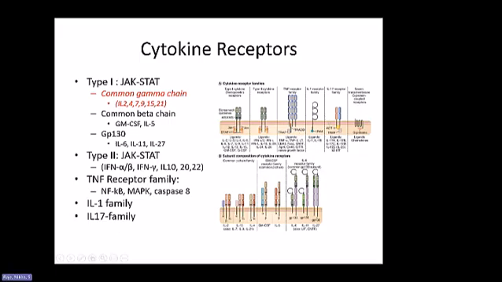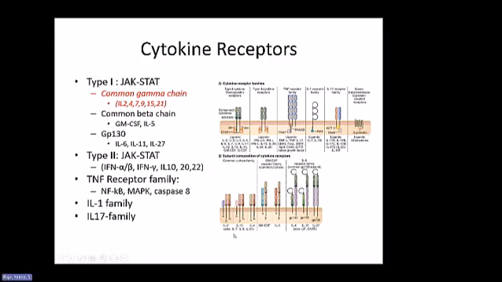Then there are the IL-1 and IL-17 families, and then the GPCR family of receptors. I think the most important ones that we want to talk about today are the type 1, the part of this figure that uses the JAK-STAT signaling pathway.